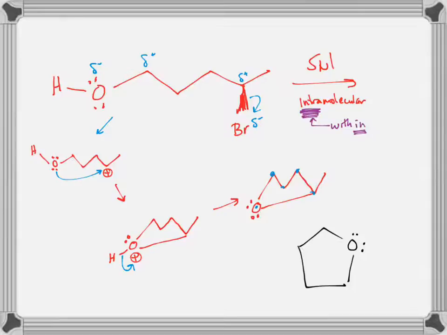I also have this weird methyl group floating out there. I don't quite know where to put that, so I'm going to number. I'll call the oxygen 1, 2, 3, 4, 5, counting in a clockwise fashion. At position 5, I need to draw my methyl group.